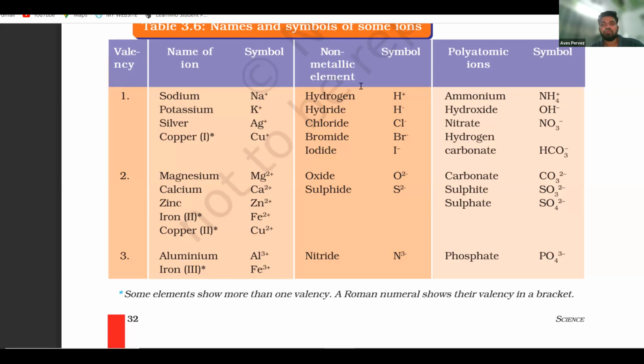You have written. So those who have written, please, from this one, write the formula of the compounds that we have written there. Please write the formula of these compounds. Yes, sir. Now please write the formula of the following compounds.